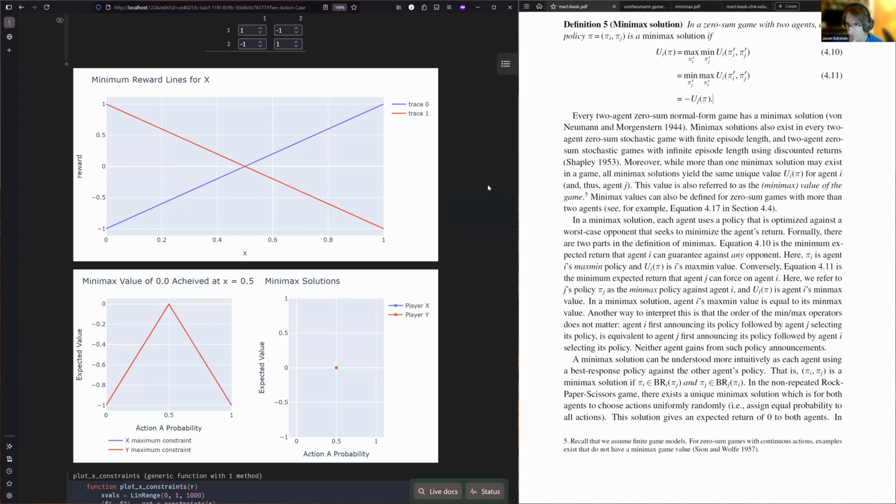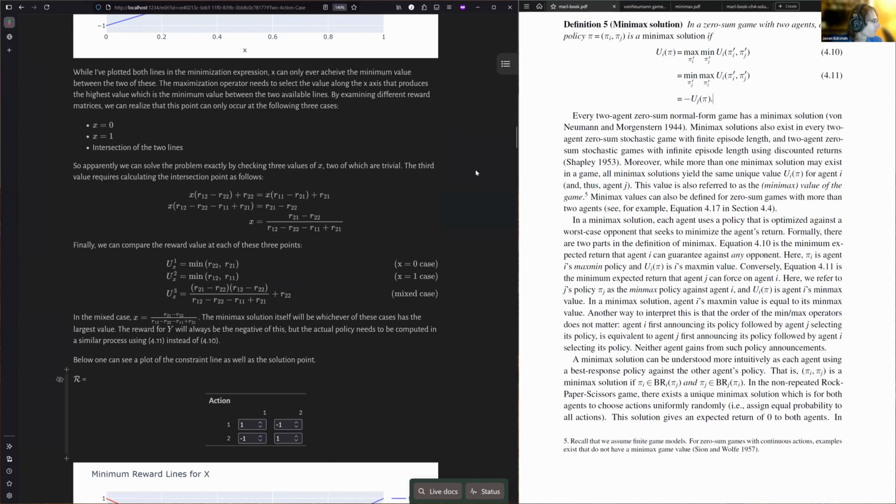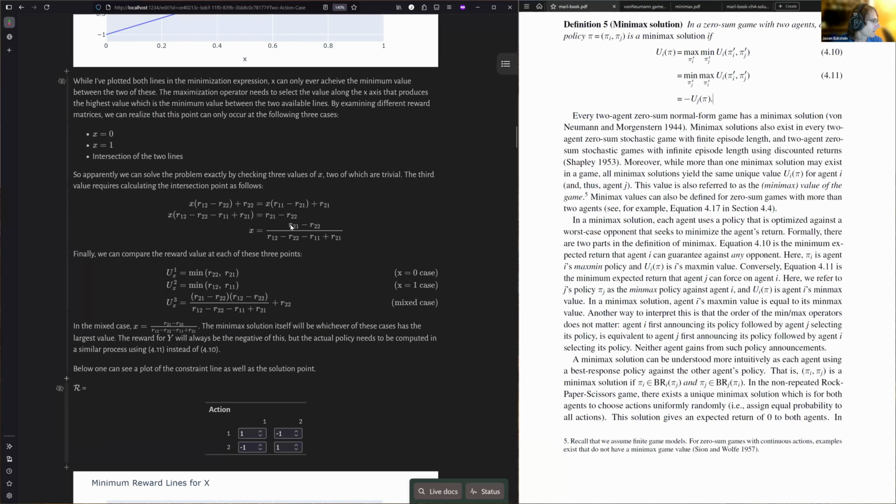Oh yeah, is there a way to tell from the equation output that the intersection is outside the bounds? So it's basically if this quantity is greater than 1 or less than 0, and you're asking, is there a way to know before you calculate this fraction if the intersection point is outside?